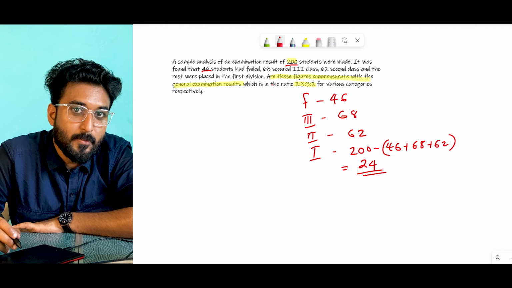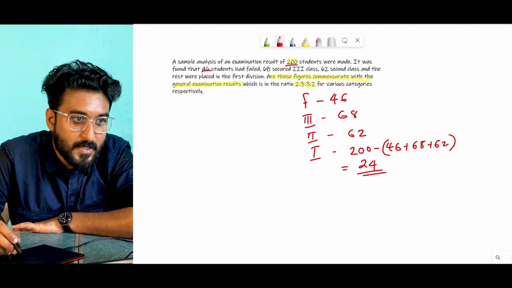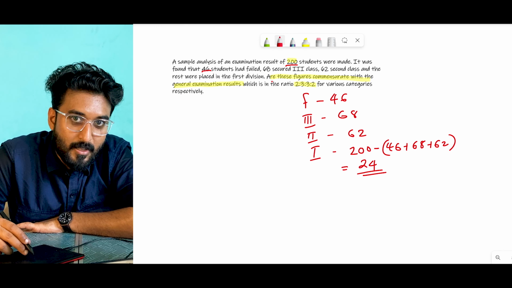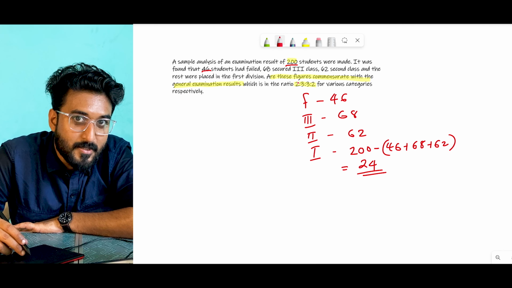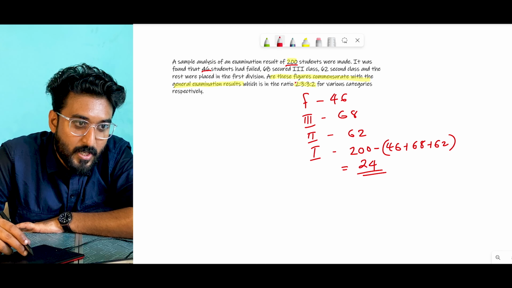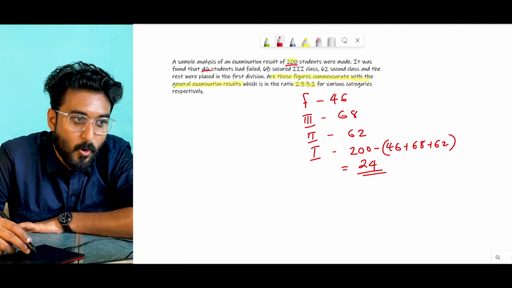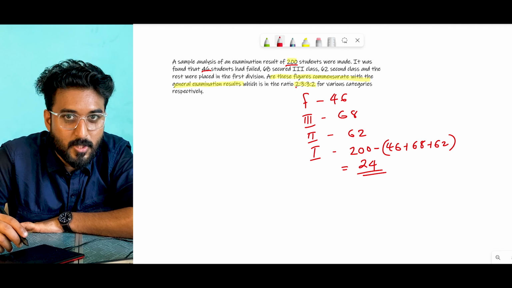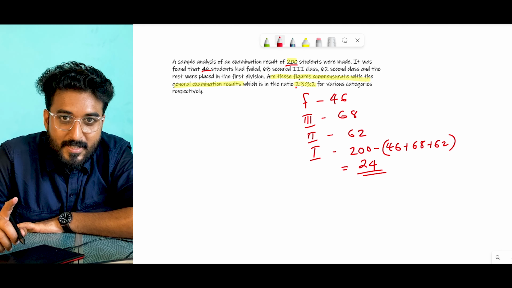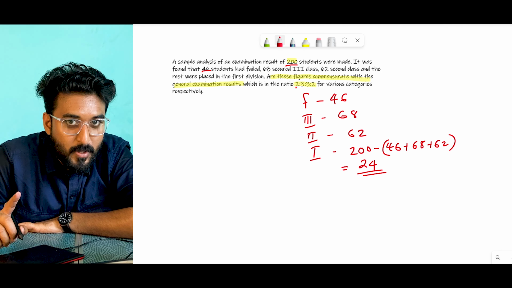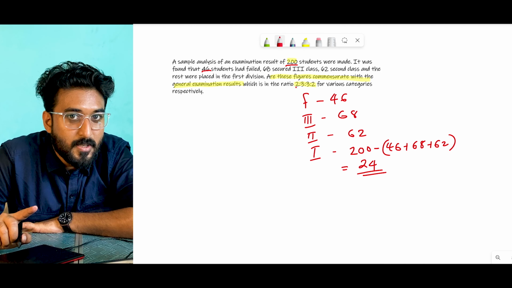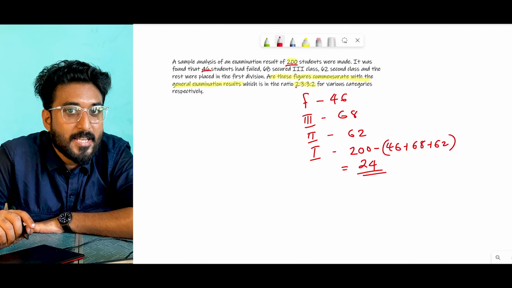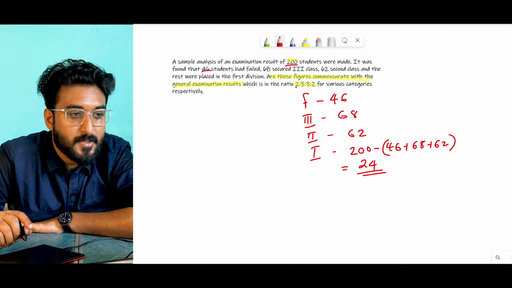So the question is: are the observed frequencies commensurate with the expected frequencies? That is, is there any significant difference between the observed frequencies and the expected frequencies? Clear?